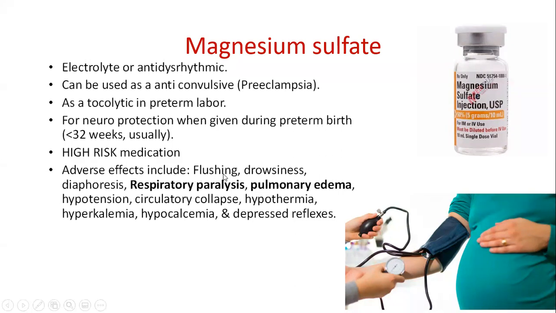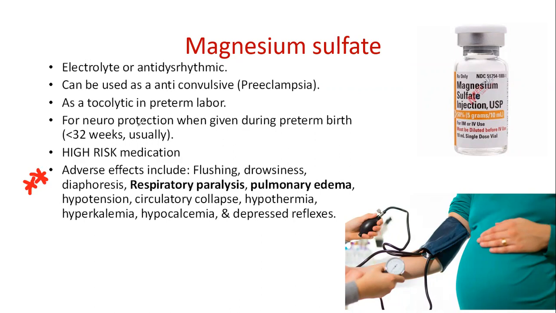Adverse effects include flushing, drowsiness, diaphoresis (meaning sweating), respiratory paralysis in very late stages, pulmonary edema, hypotension, circulatory collapse, hypothermia, hyperkalemia, hypocalcemia, and also depressed reflexes. In the NCLEX board, questions are frequently asked from here, so we need special attention on it.